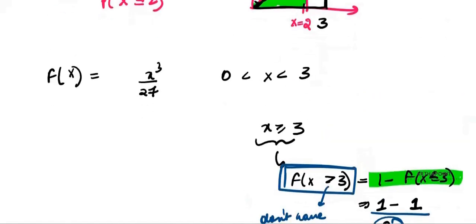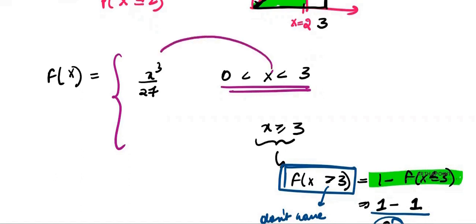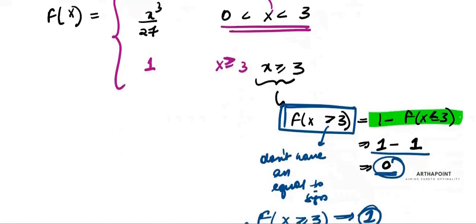So I can go ahead and say that between 0 to 3, it is x cubed by 27. Whatever value of x you put, you will get an answer there. And at 3, it is 1. So when x is 3, it is 1. And even if x is greater than or equal to 3, it remains. Right?